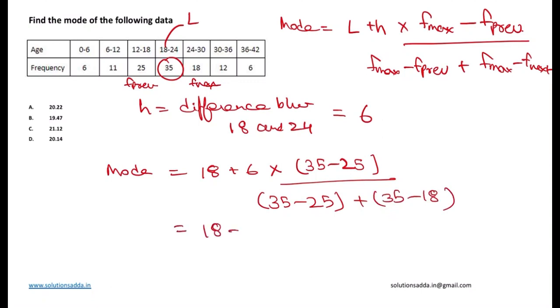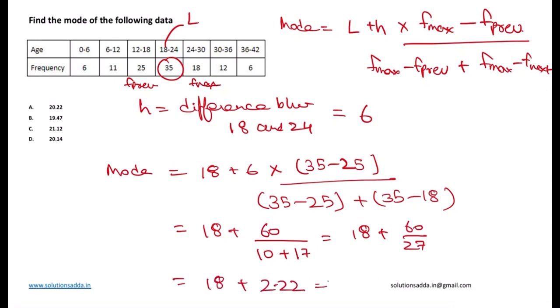It will be 18 plus 6 into 35 minus 25 is 10, 6 into 10 is 60, divided by 35 minus 25 is 10, plus 35 minus 18 is 17, so 18 plus 60 by 27, it will be 18 plus 2.22, which equals 20.22. Hence option A is the correct answer. 20.22 is the mode of the following data.